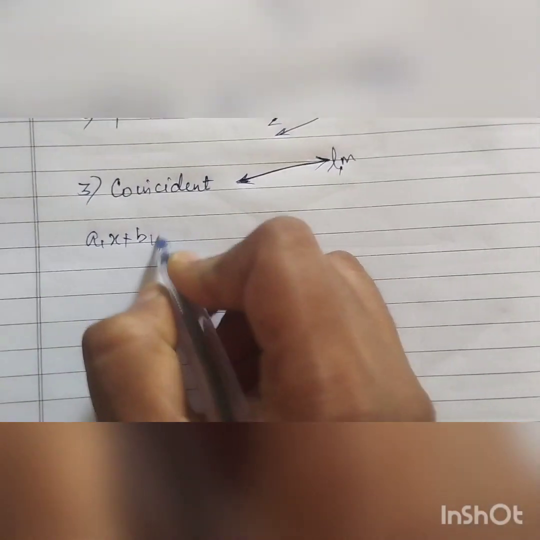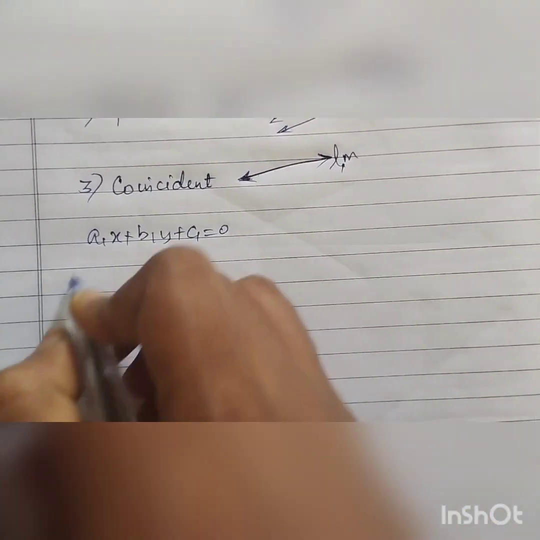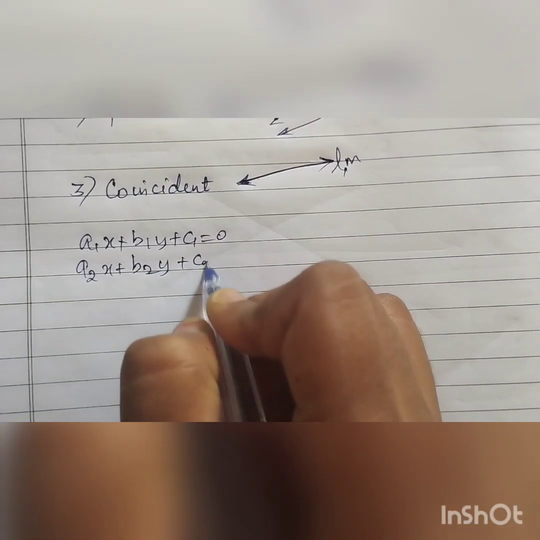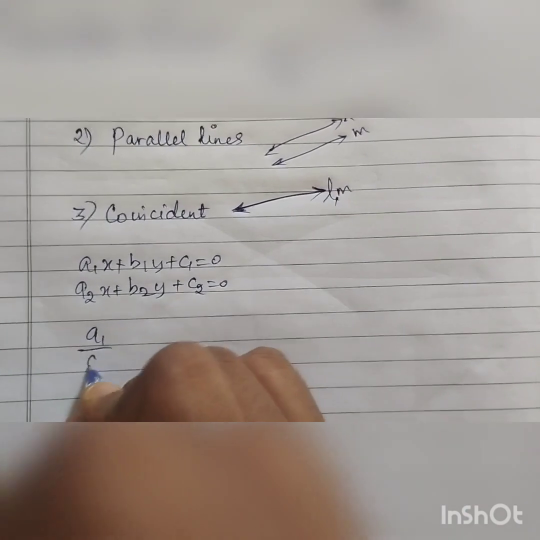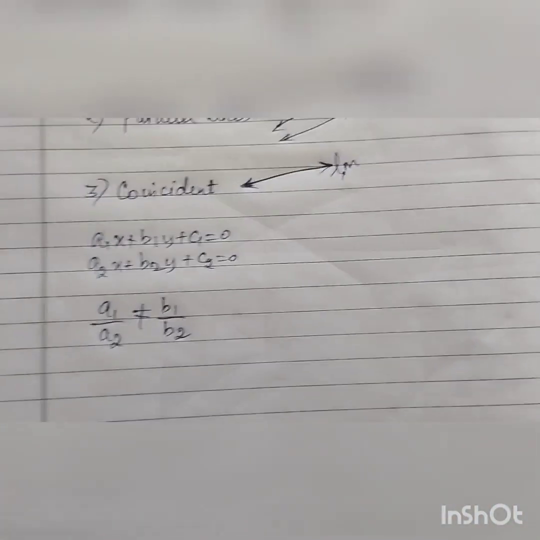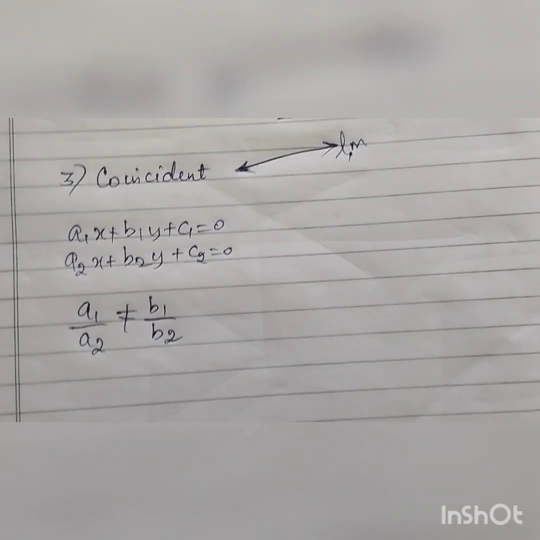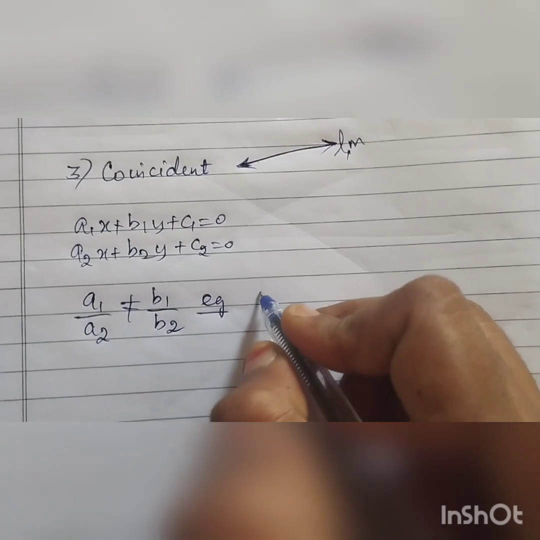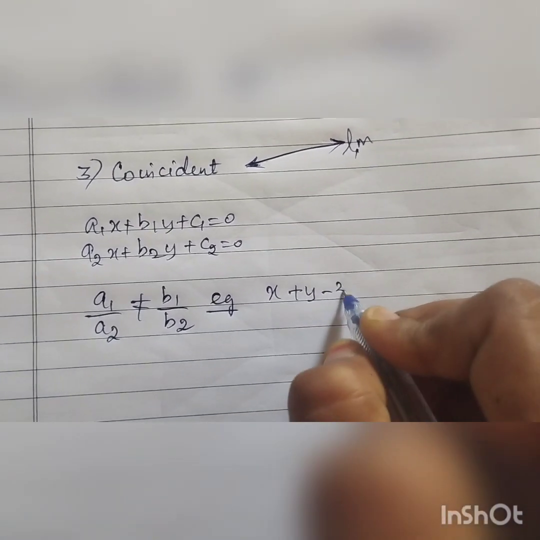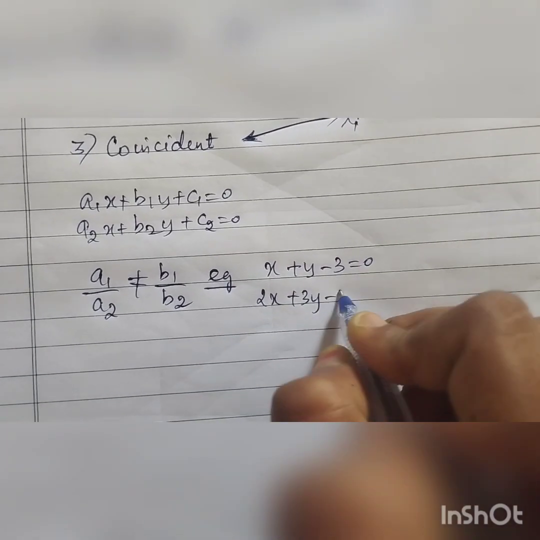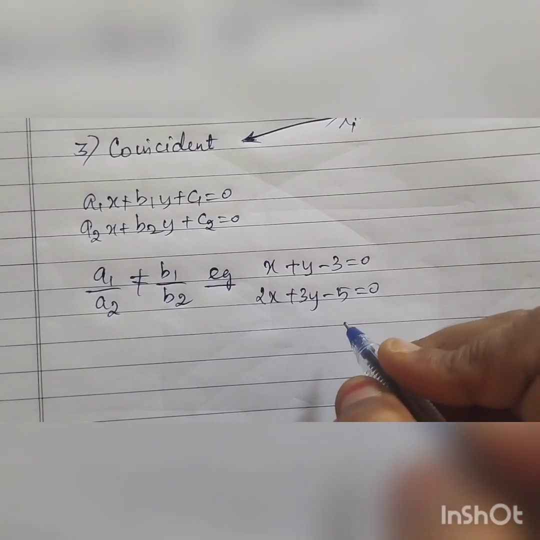a1x plus b1y plus c1 is equal to 0 is the first equation, and a2x plus b2y plus c2 is equal to 0 is the second equation. On comparing the ratios, if a1 by a2 is not equal to b1 by b2. For example, x plus y minus 3 is equal to 0 and 2x plus 3y minus 5 is equal to 0.